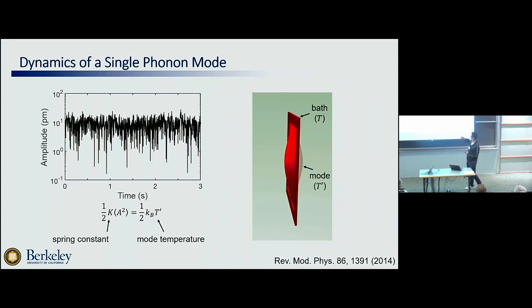You can measure the displacement of this particular vibrational mode, as shown on this figure, and the mean squared amplitude of this vibration mode can be used to describe its kinetic energy, or you can use an equivalent mode temperature to describe how much energy is stored in this particular mode, right?